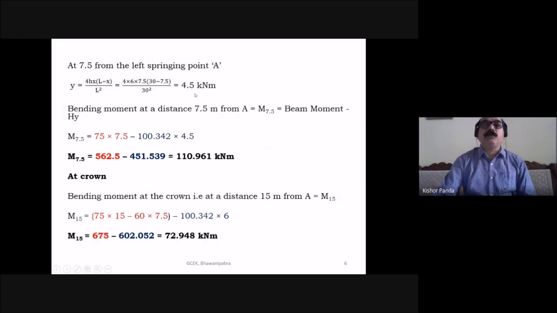This is equal to 4.5. So the Y distance at the first loading position is 4.5.